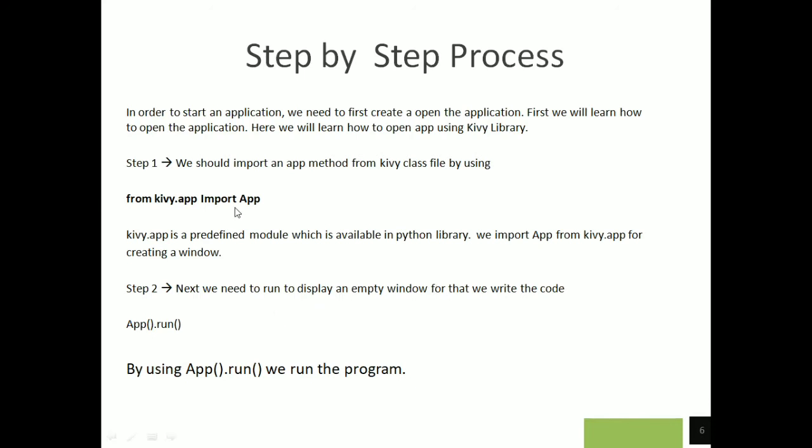For opening the app, the first step is we are going to import App from kivy.app. It's a class file which is available in the Kivy library. So we are going to use this code: from kivy.app import App. As I have mentioned over here, kivy.app is a predefined module which is available in the Kivy library. We import App from kivy.app for creating a window which is going to open.